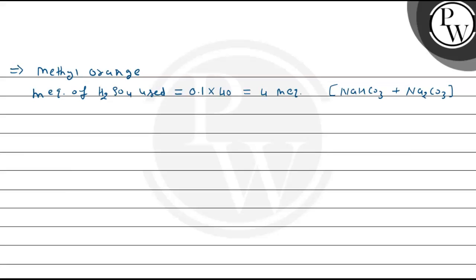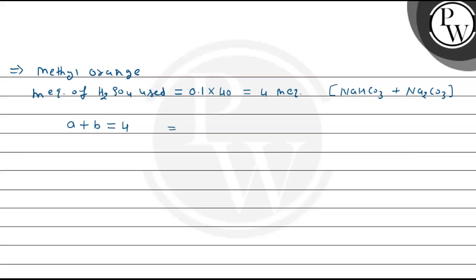So the milli equivalent moles of H2SO4 which are used here will be equal to the milli equivalent of NaHCO3 which is considered as A, and milli equivalent moles of Na2CO3 which is considered as B. So the sum of the milli equivalent of NaHCO3 and Na2CO3 will be equal to the milli equivalent of H2SO4 which is used. So it is equal to 4.